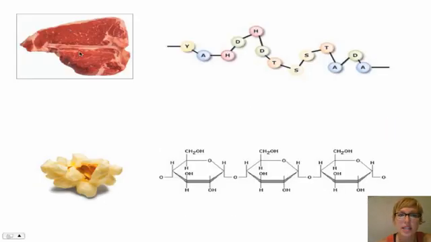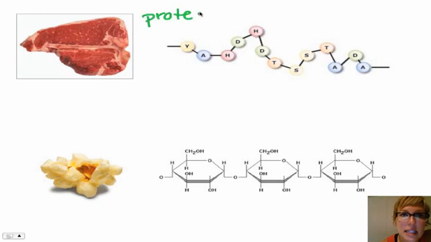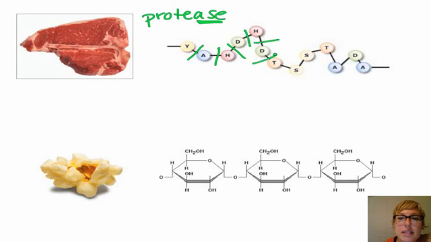Now, let's take a look at some important enzymes in our body. Here's a mite. And we have an enzyme called protease. There's that A-S-E again. Now, if you dissect this word, protease kind of sounds like protein, and protease is a digestive enzyme that breaks these bonds. What are these bonds called?